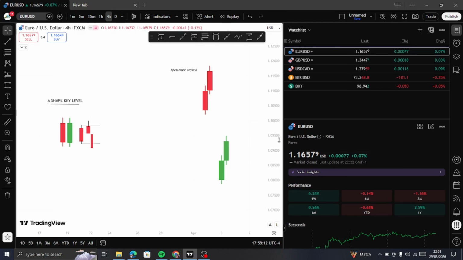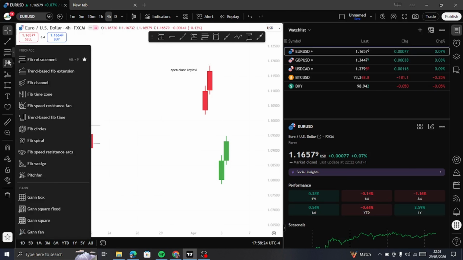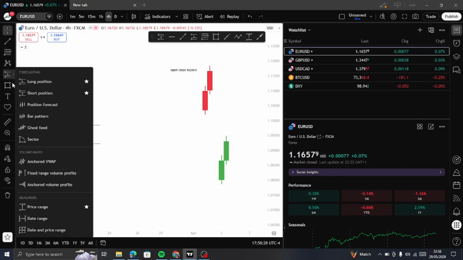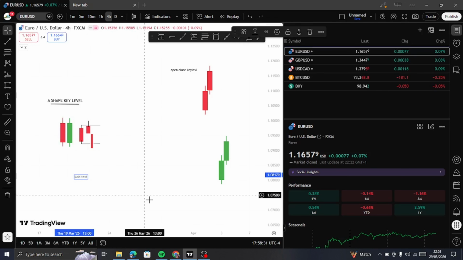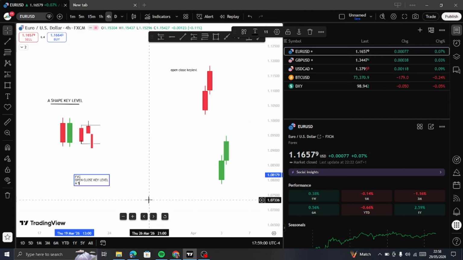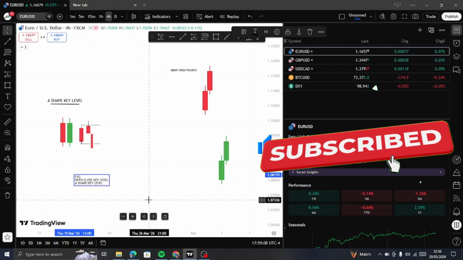On my model, which I chose, CRT, I usually use 3 key levels on my trade, which is the FVG, which is my fair value, open close, and the A shape key level.